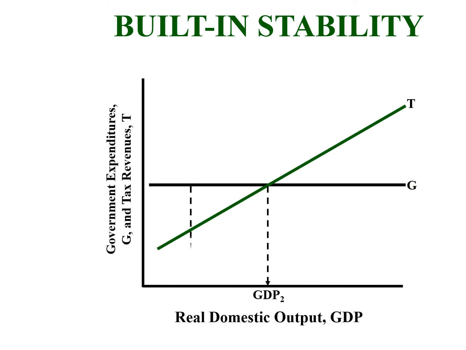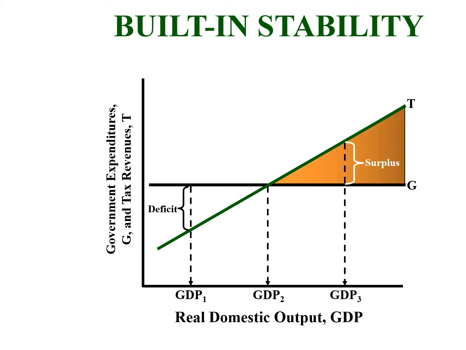The purpose of this graph is to explain how built-in stabilizers work, or the beauty of built-in stabilizers. Important for students to recognize what we are talking about prior to moving forward. Remember, discretionary fiscal policy refers to the government, the House and the Senate, Congress, introducing a law, the president signing it into law, and active changes to the level of government spending and or the level of taxes.